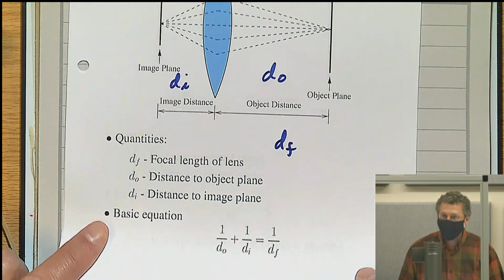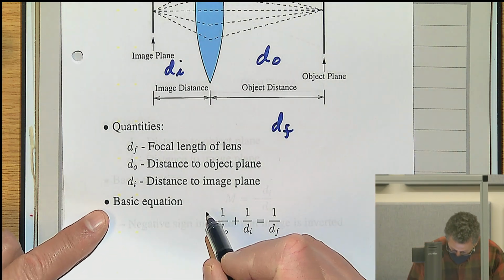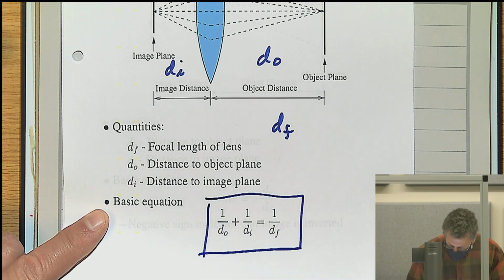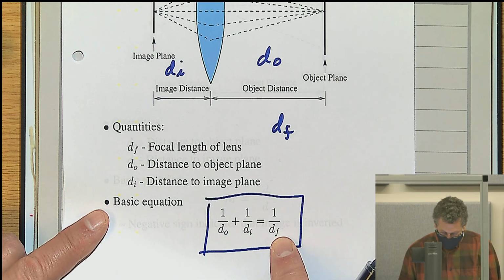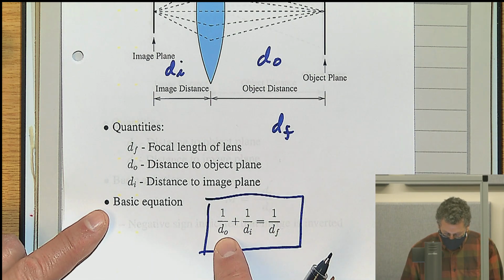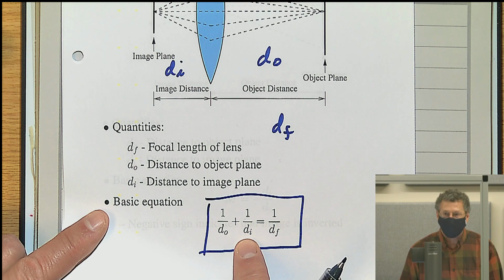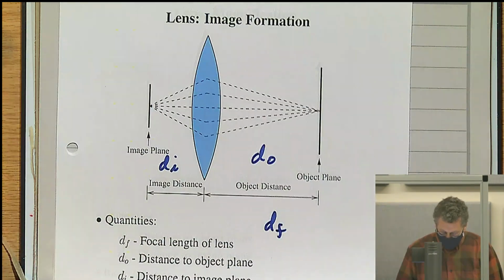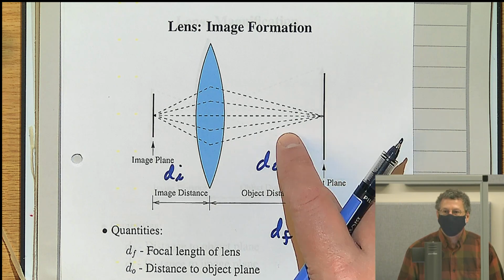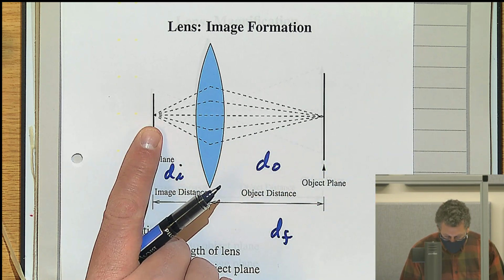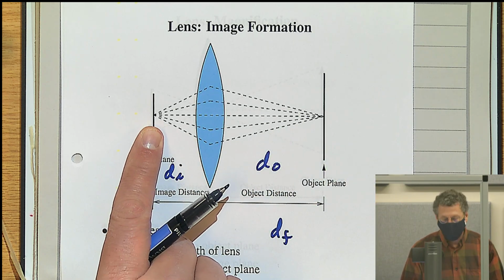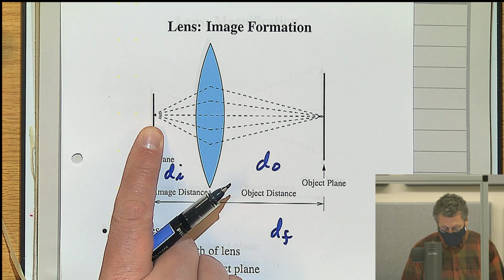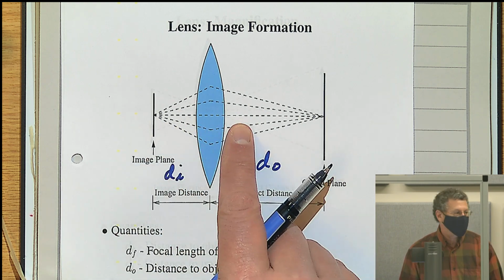The equation that they have to meet is that 1 over DF has to equal 1 over DO plus 1 over DI. So essentially, as the object gets closer, in order to keep the object in focus, you have to move the focal plane back, or you may have to move the lens out.